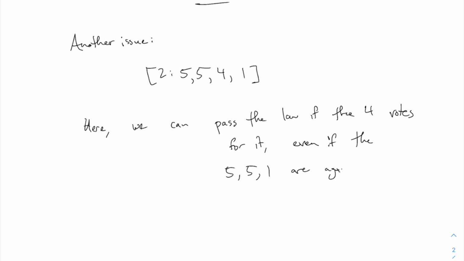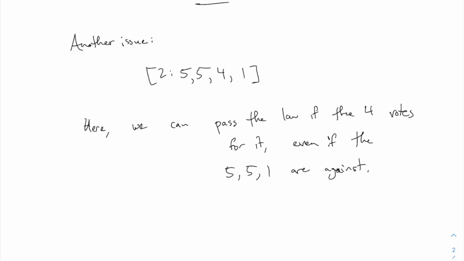That's really the problem here: if the quota is too low, the law or whatever can pass even if a majority are against it. And that for most purposes is sort of undemocratic, right? You don't want the law to pass if the majority of the voters are against it.